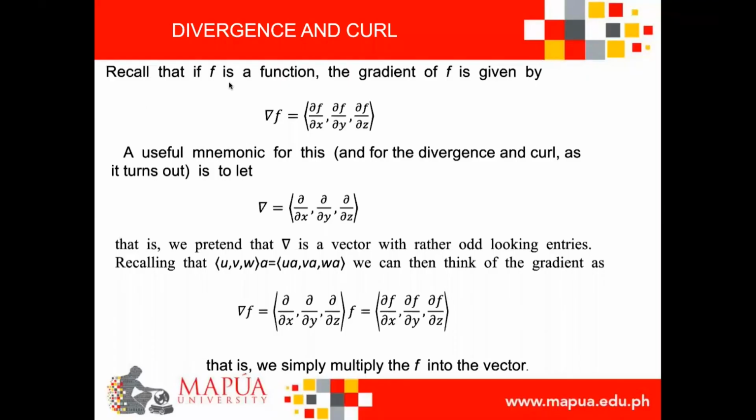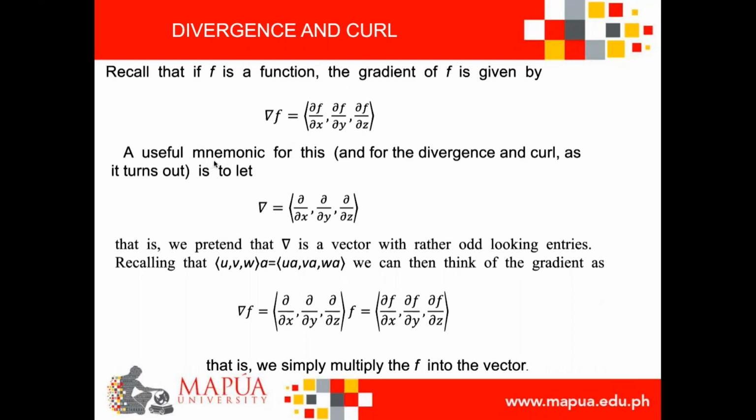Recall that if f is a function, the gradient of f is given by del f equals the partial derivative of the function f with respect to x, the partial derivative of f with respect to y, and the partial derivative of f with respect to z.